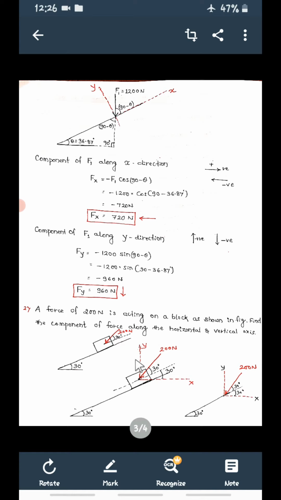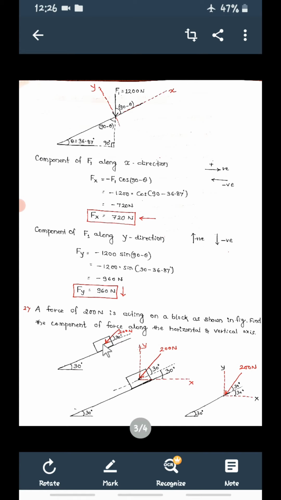So similarly, this second problem: a force of 200 Newton is acting on a block. There is a block kept on an inclined plane, as shown in the figure. Find the component of force.